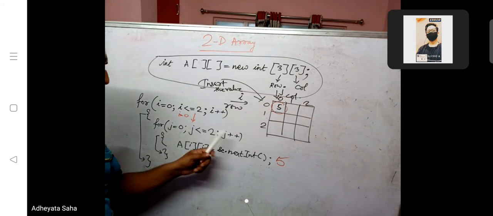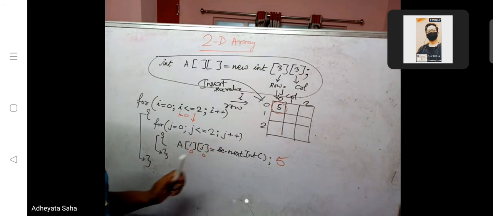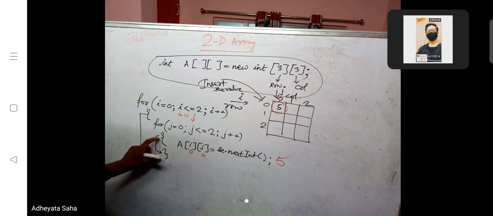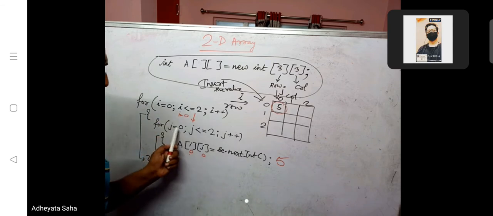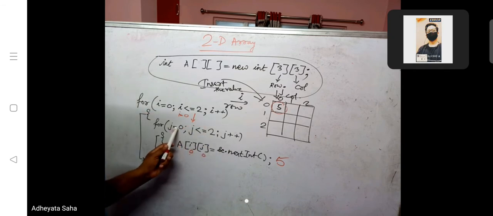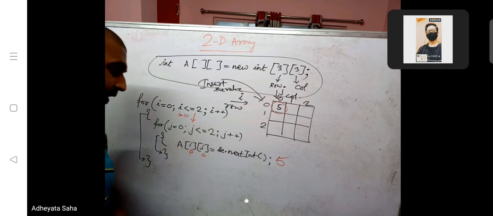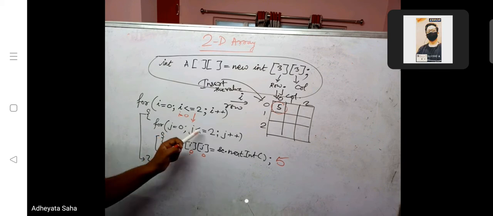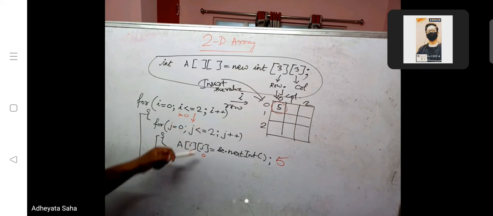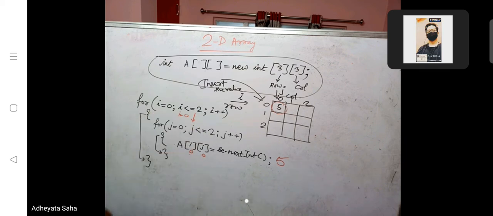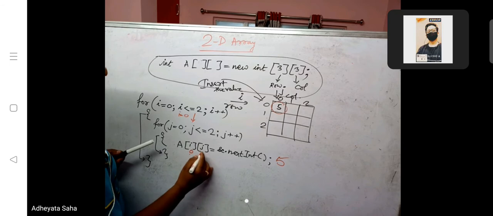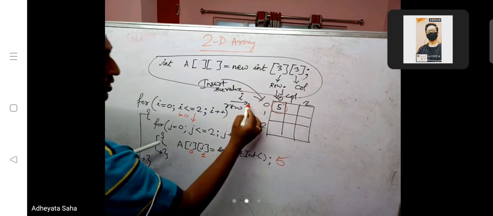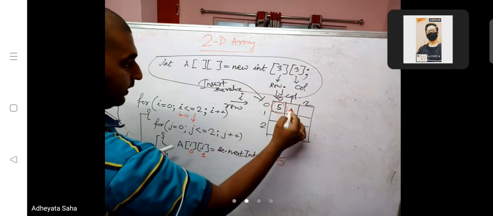Now j plus plus, as we are in the inner loop. j was 0, now it will be 1. 1 is less than or equal to 2, yes, so get inside. i is 0 only, but j is 1, so a[0][1].